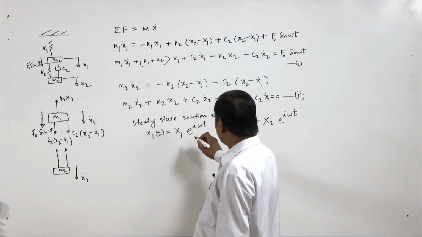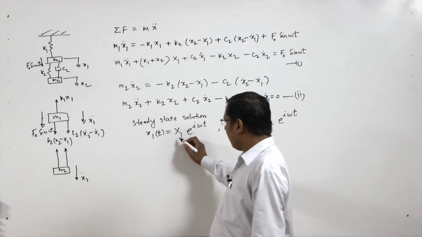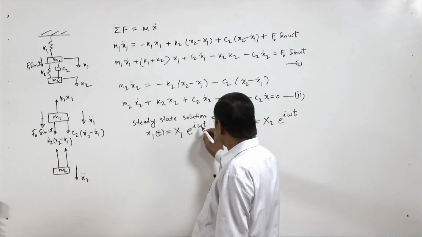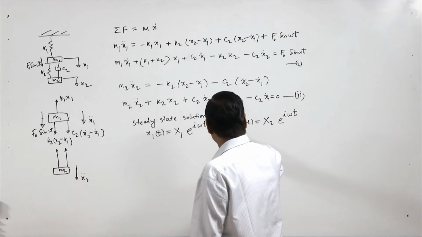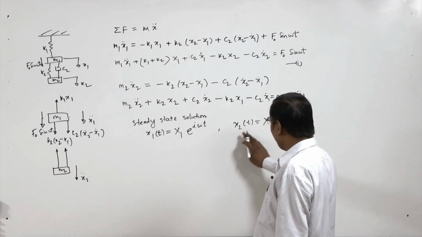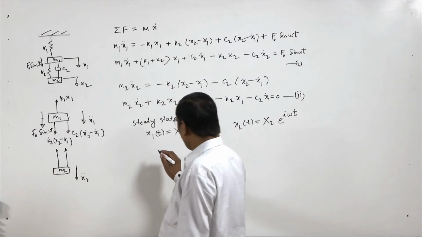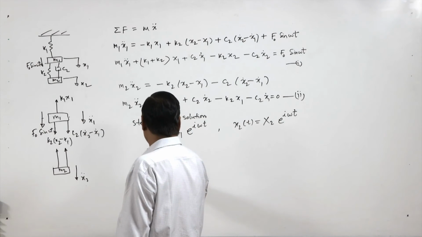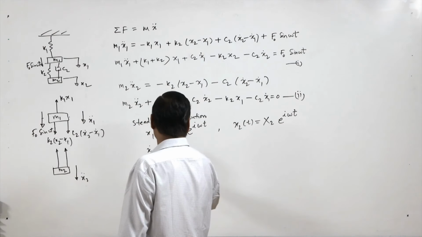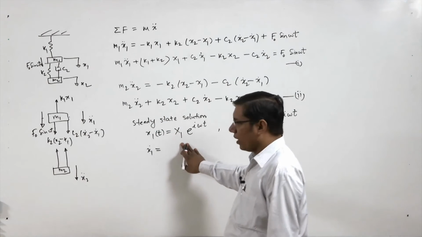So we assume that the solution will have the amplitude capital X1 and frequency omega, and the second mass will have the amplitude X2 and frequency omega. Now we find x1 dot, so we differentiate this with respect to time.